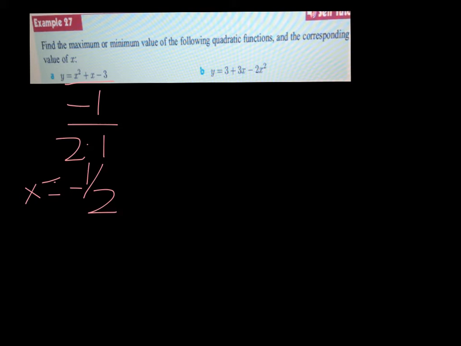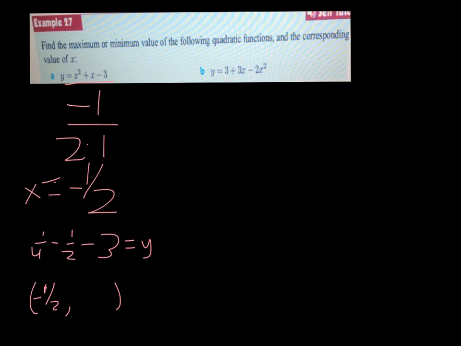So if we draw our vertex here, negative 1/2, comma, and then we're going to have to plug negative 1/2 in. So negative 1/2 squared would be 1 over 4 minus 1/2 minus 3 equals y.